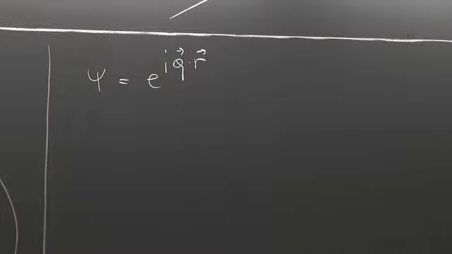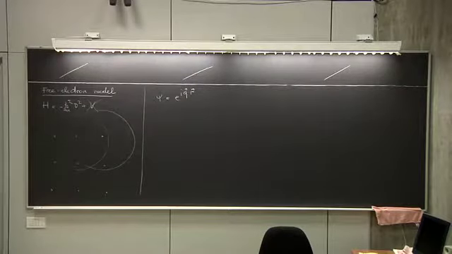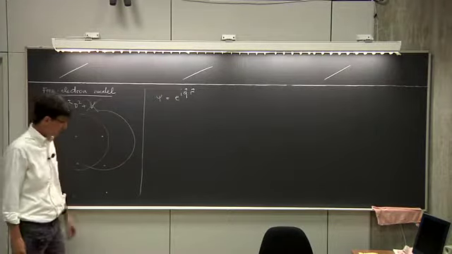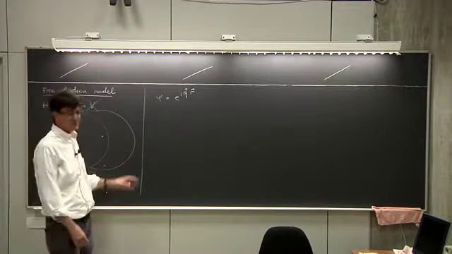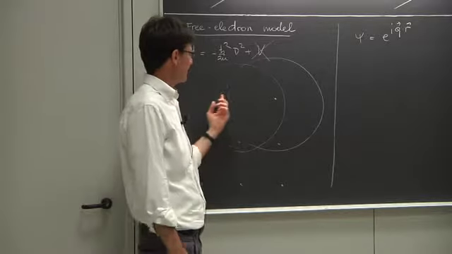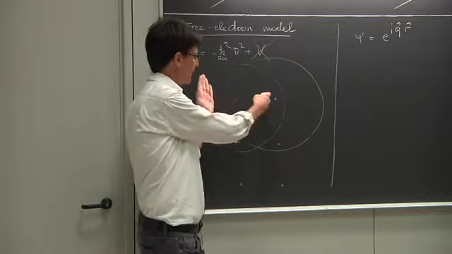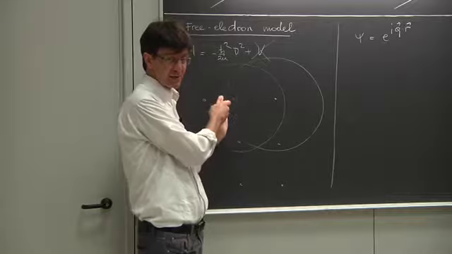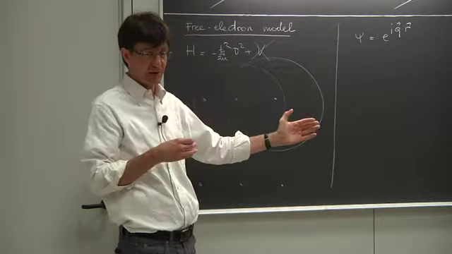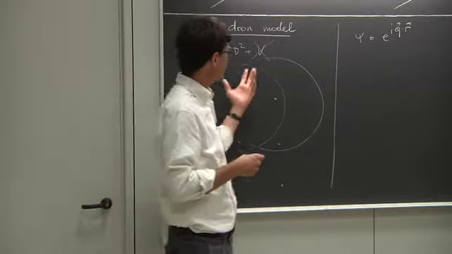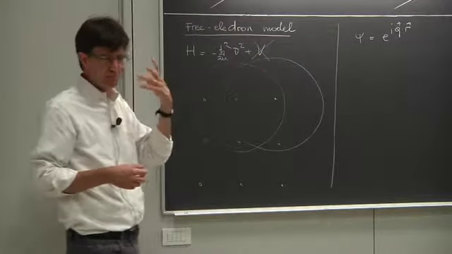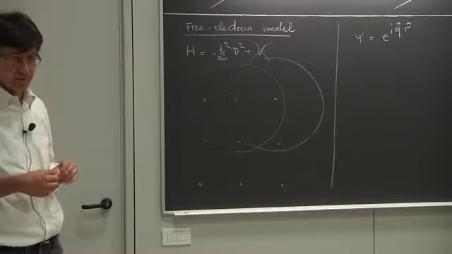Yes? How much is the length scale to take into account for the approximation to be good? This is almost never a good approximation. It's really an extreme case that allows us to say something. I would say as soon as the extension of the wave function becomes comparable to the distances between atoms, comparable, not several times longer than that, then this approximation starts to be a good starting point to understand at least qualitatively.